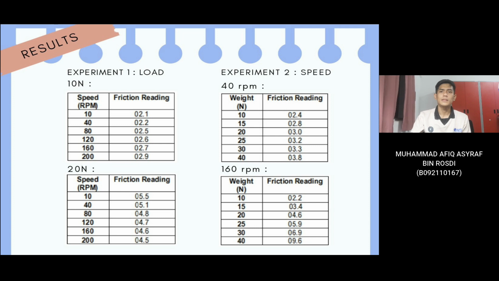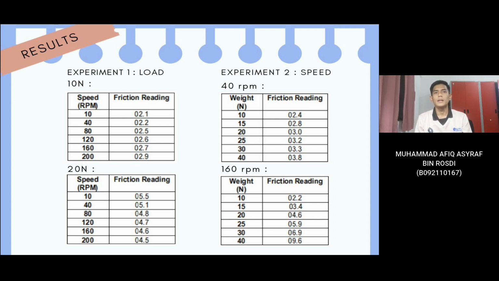It just increases a little bit. So for me, I think it has no effect on friction reading. And then by using the 20 Newton weight, we can see that by increasing the speed, the friction reading will decrease.